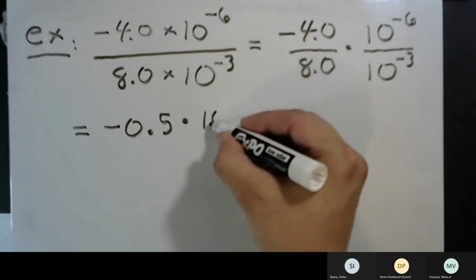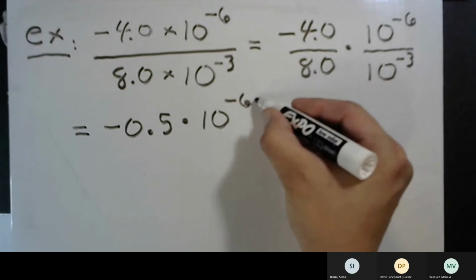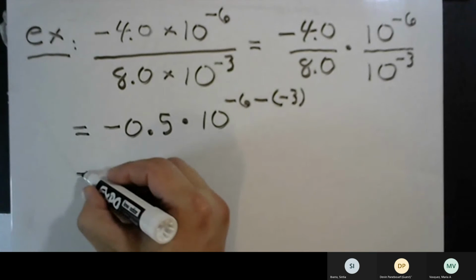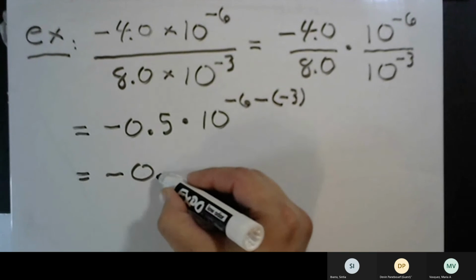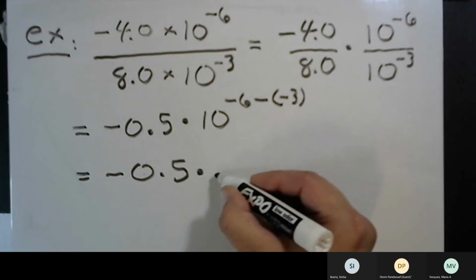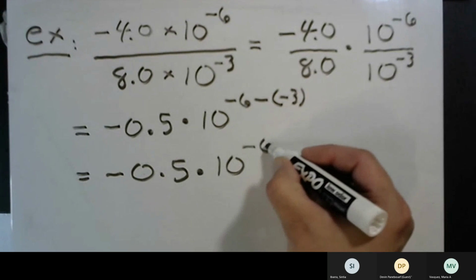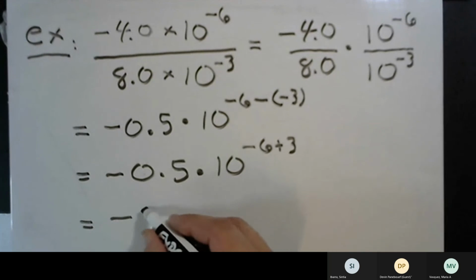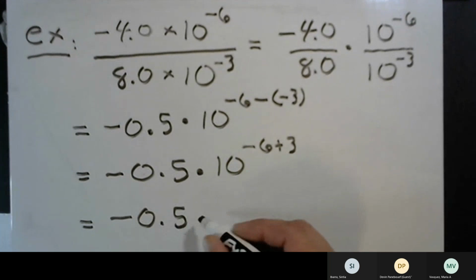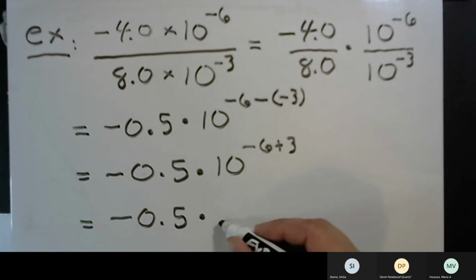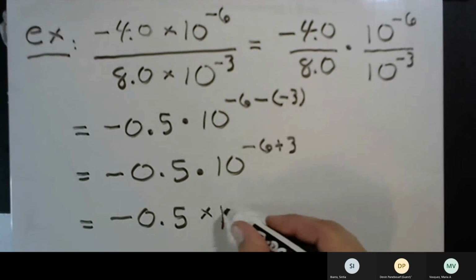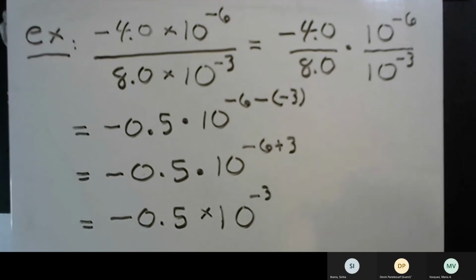And then for this, we'll have 10, and then top minus the bottom. Of course, we're going to get a double negative here. And we're going to get this. And it looks like we have our answer.